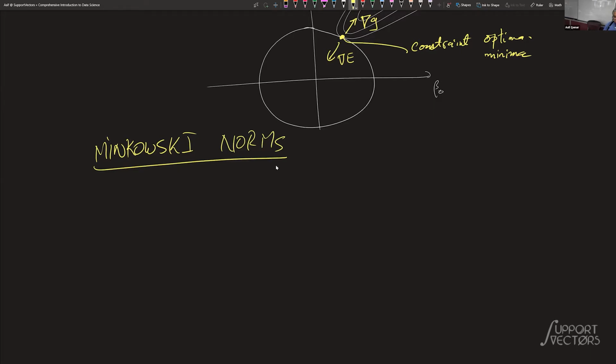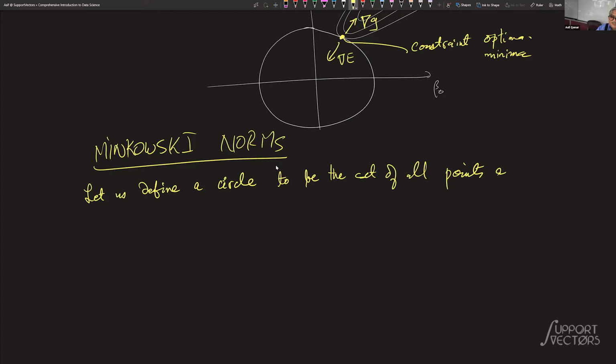He asked this question. Let us define a circle. So circle is something that we always think of as round, but he took a different definition. He said, suppose we define the circle to be the set of all points at a fixed distance d from the center, right?